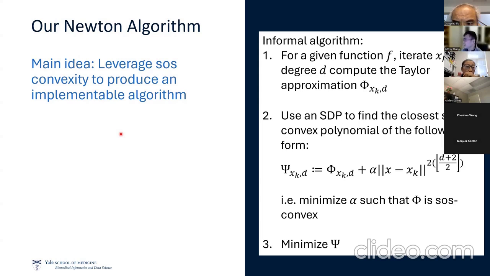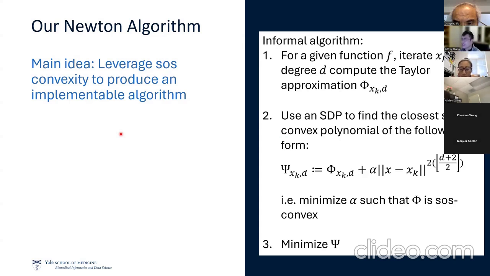However, we can detect SOS convexity. So instead of making it convex, we ask for a little more: we want it to be SOS convex. And once we have that, as I described previously, we can minimize SOS convex polynomials. And from that, you basically have your algorithm.